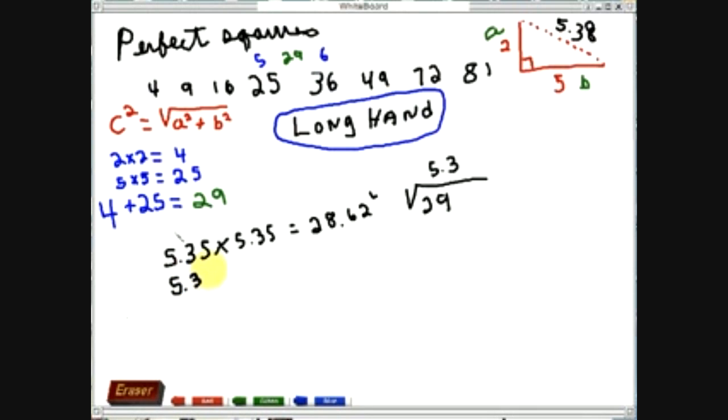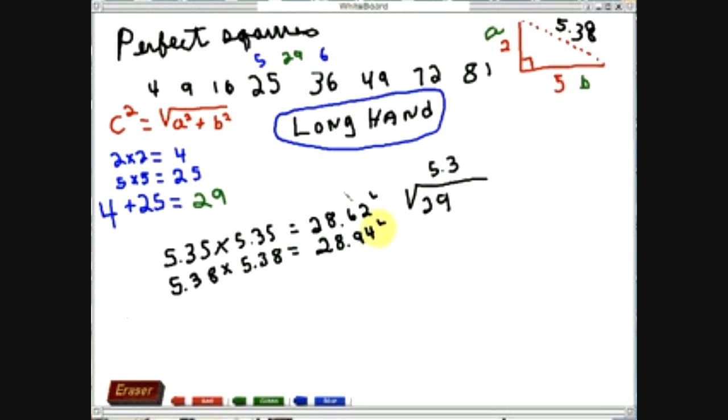So I'm going to go 5.8 and square it, times it by itself, 5.38 equals, I think, 28.94. So this is getting pretty close to 29. Getting very, very close. Only 6 hundredths difference on this one here. But it's still a little low.